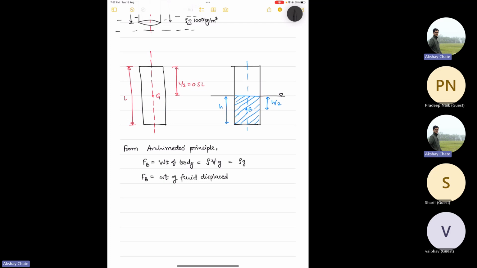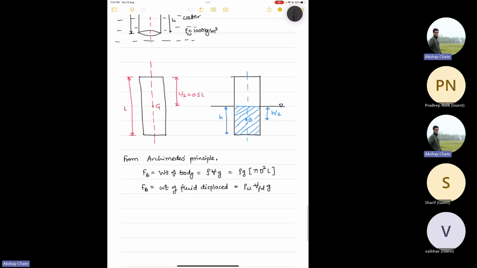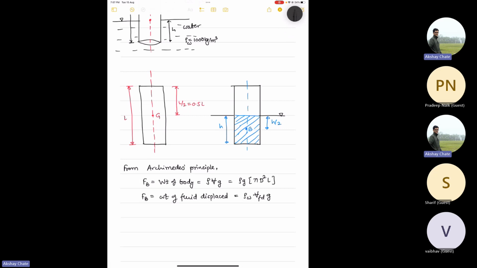Now this is a cylinder, so volume will be pi d square into L. That is the total volume of the cylinder. And here, fluid displaced. So what is the weight? So it will be density of water into volume of fluid displaced into g. So remember, the volume of the body and volume of the fluid displaced will never match. The weights will be balanced, but volume will be different.